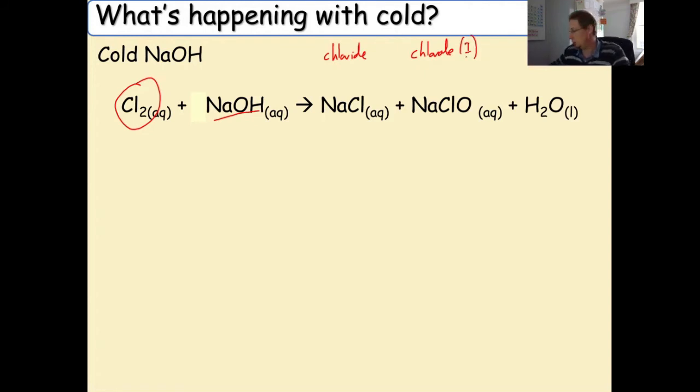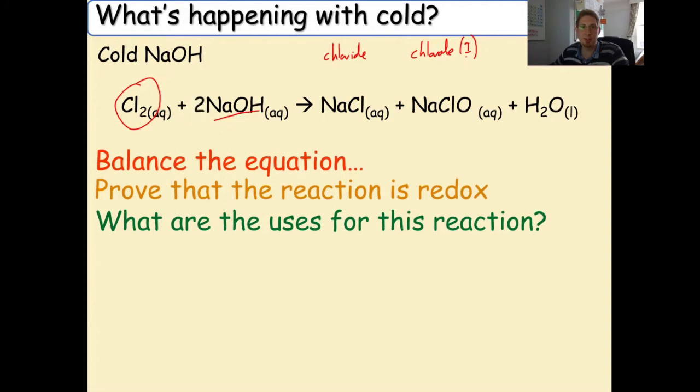And having a look at the redox numbers, we can see that that must be 2. That's quite easy to balance the normal way, but you could have balanced it using redox. So the chlorine and the cold hydroxide give sodium chloride, sodium chlorate(I), and water.